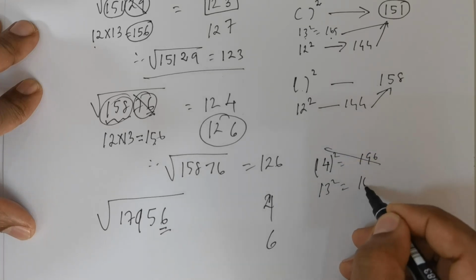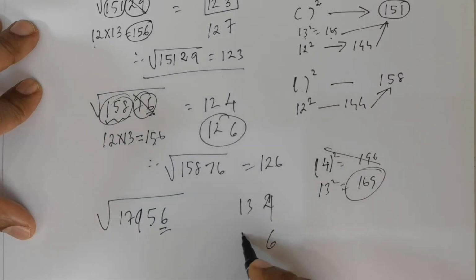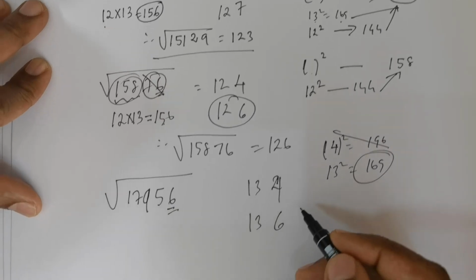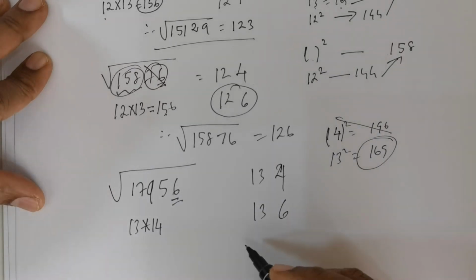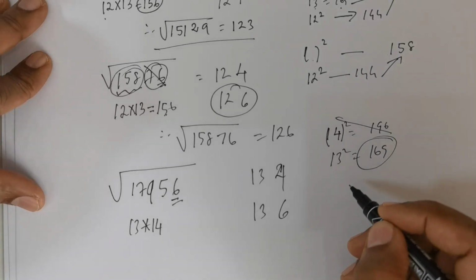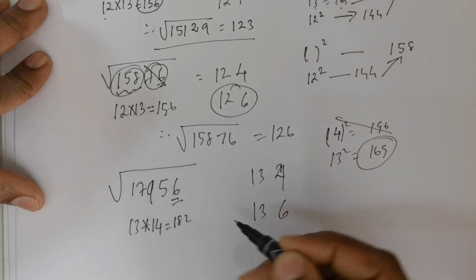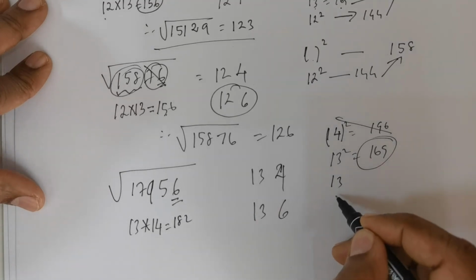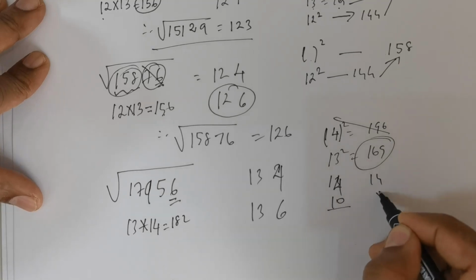And 13 squared produces me 169, which is smaller than 179. So this should be 134 or 136. But take 13 and you multiply by the subsequent number coming next to 13, which is going to be 14. Find out what that is. Now, of course, clearly I know that 13 times 14 is 182. Now, if you're not sure of it, just take 14 multiplied by 10 and 14 multiplied by 3.